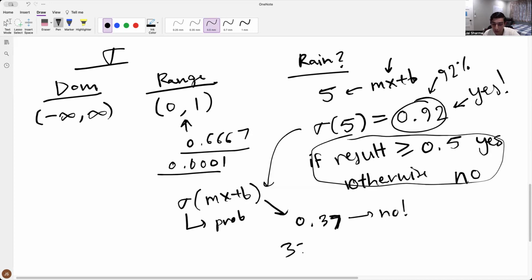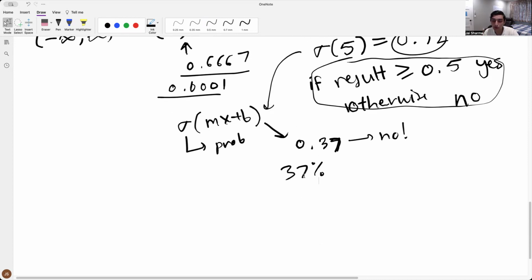We're saying that there's a 37% chance of rain tomorrow, which means it's less than 50% chance, which means it's likely that it's not going to rain tomorrow. 37% chance for rain means that we think it's not going to rain tomorrow.